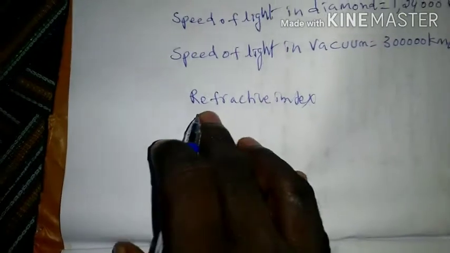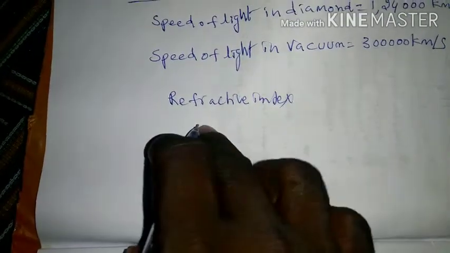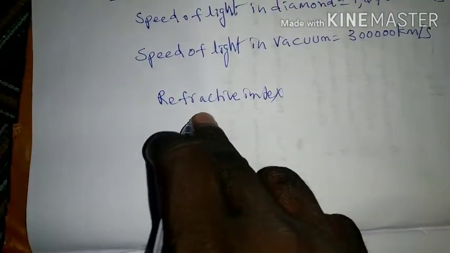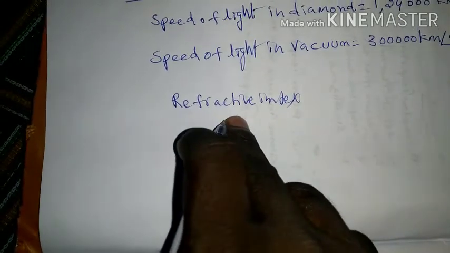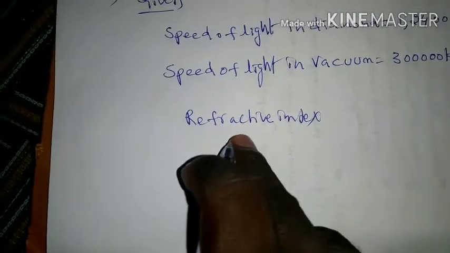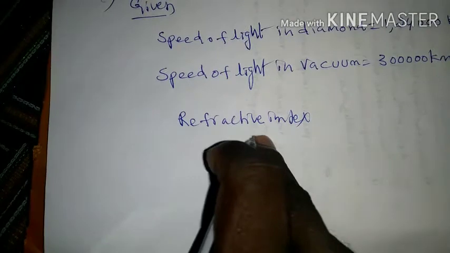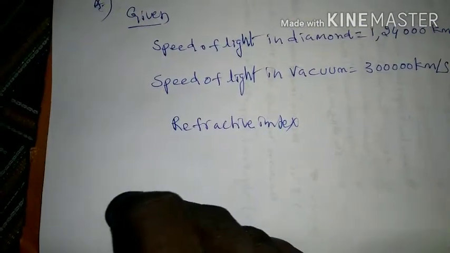What is meant by refractive index? The ratio of the speed of light in vacuum to the speed of light in a medium is called refractive index.